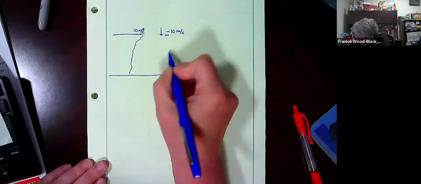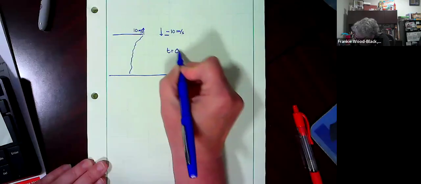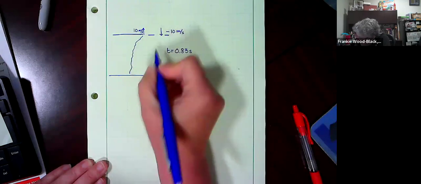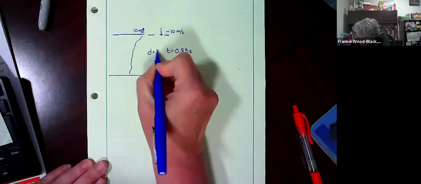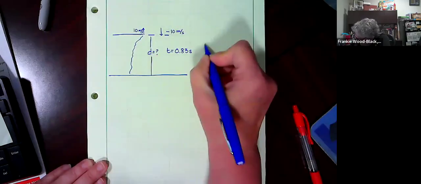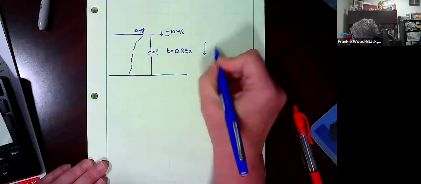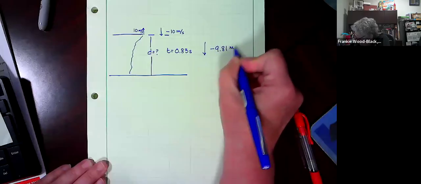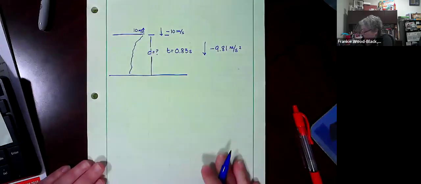And now we know our time. And the first thing we want to find is this distance. And now we also know that gravity is a negative 9.81 meters per second squared.